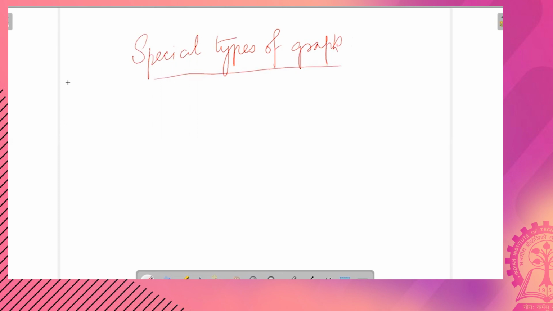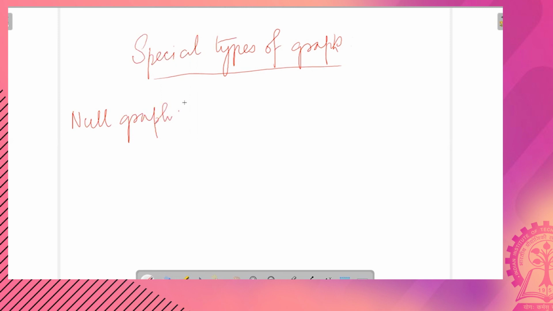Good morning, students. So, as we discussed in the last lecture, today we are going to talk about a few special types of graphs. The first in this list is what we call a null graph.